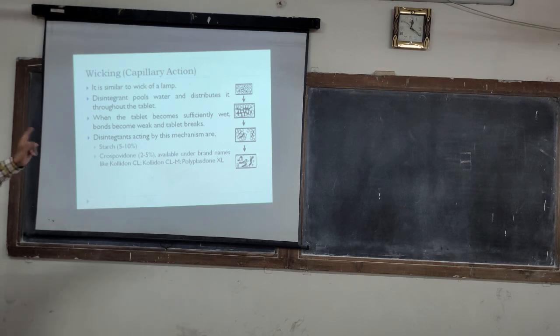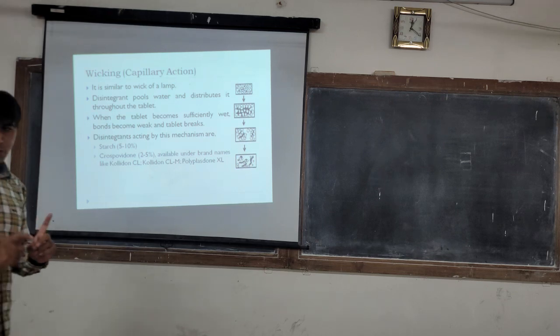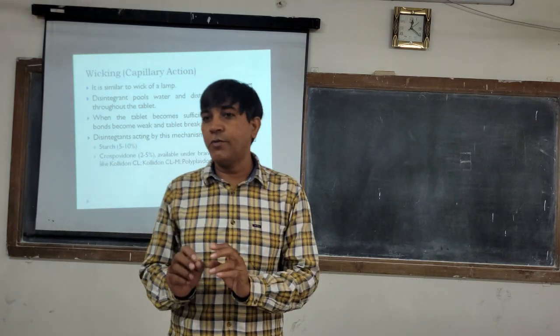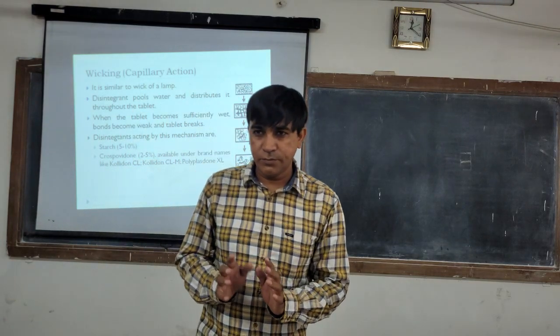Okay, this is wick, W-I-C-K, but it will make the tablet weak, W-E-A-K, and thereby it breaks the tablet. So this mechanism is observed with starch, which is the most commonly used disintegrant. Now the starch is required to be used at a concentration of up to 5 to 10%.